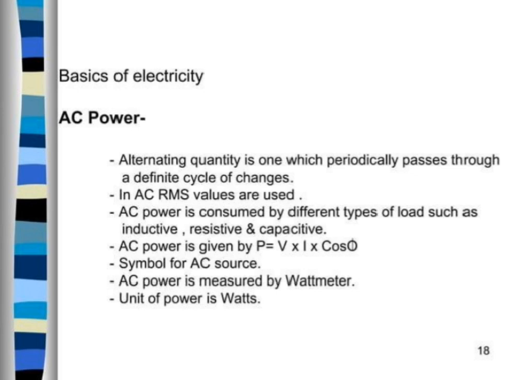When we say AC power, it is the type of electric power where the electric current periodically reverses direction, oscillating at a specific frequency. That is AC power or alternating current power.